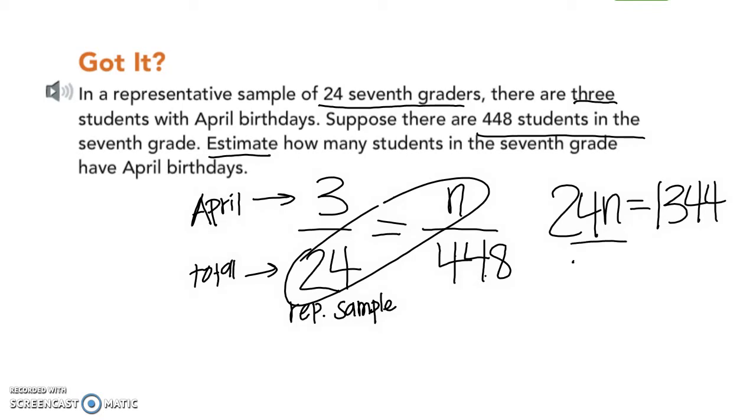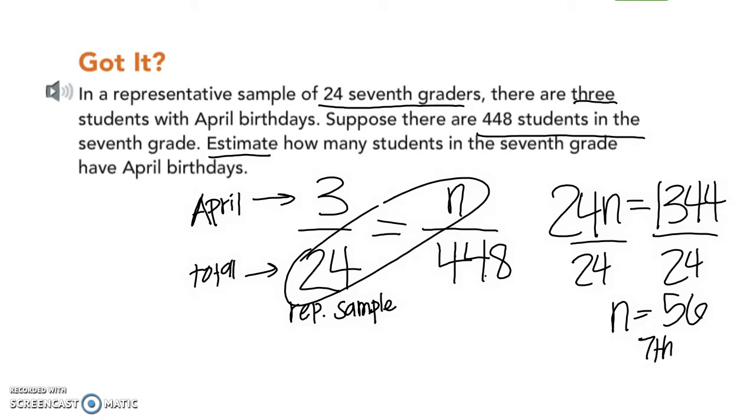Okay, then I just want to divide by 24. And I get n equals 56. That means 56 7th graders with April birthdays. B-days. How about that?